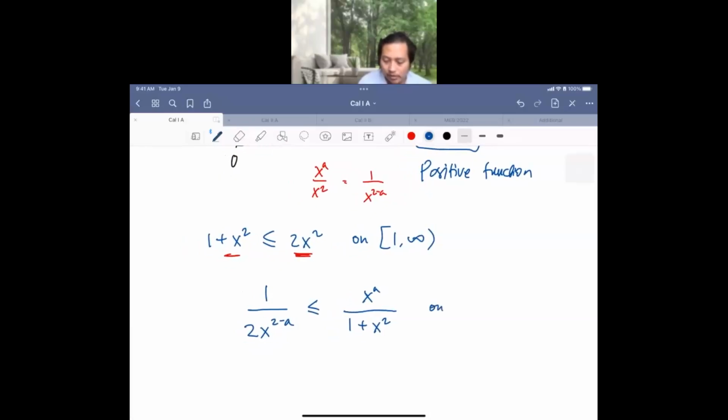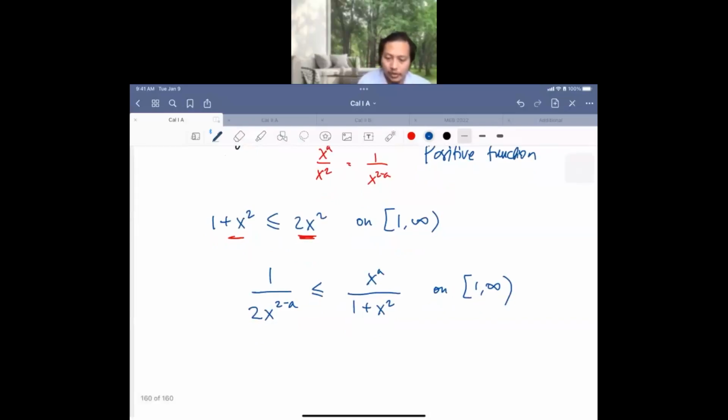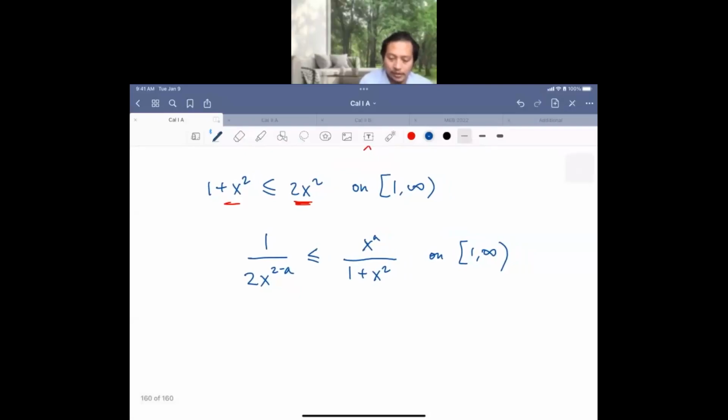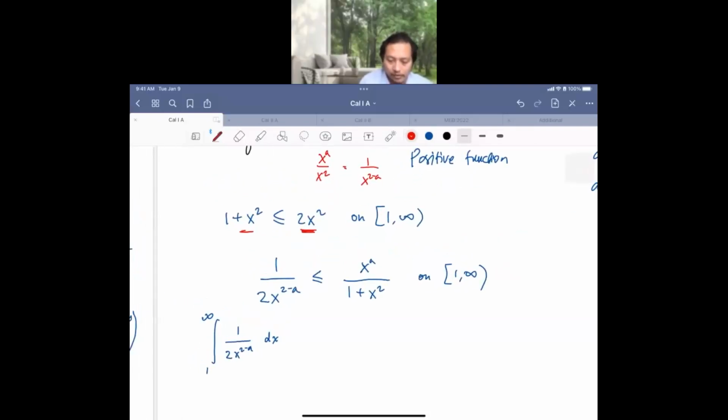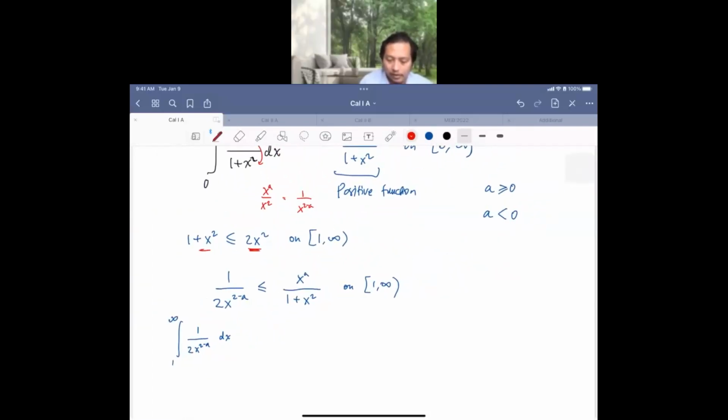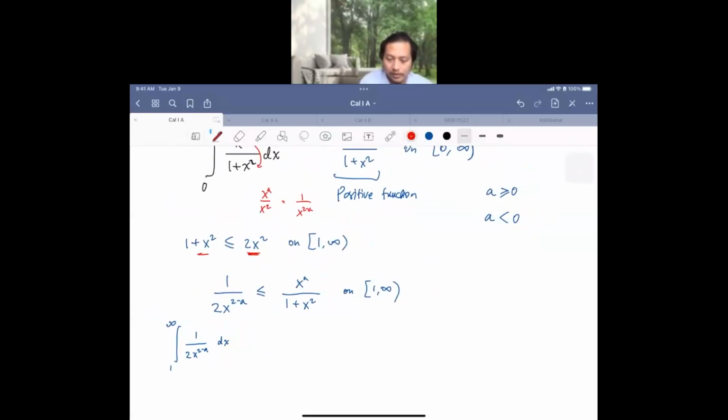Now this is on 1 until infinity. And we know that if we are going to check the integral from 1 to infinity of 1 over 2x to the 2 minus a dx, let's say this is for a positive.